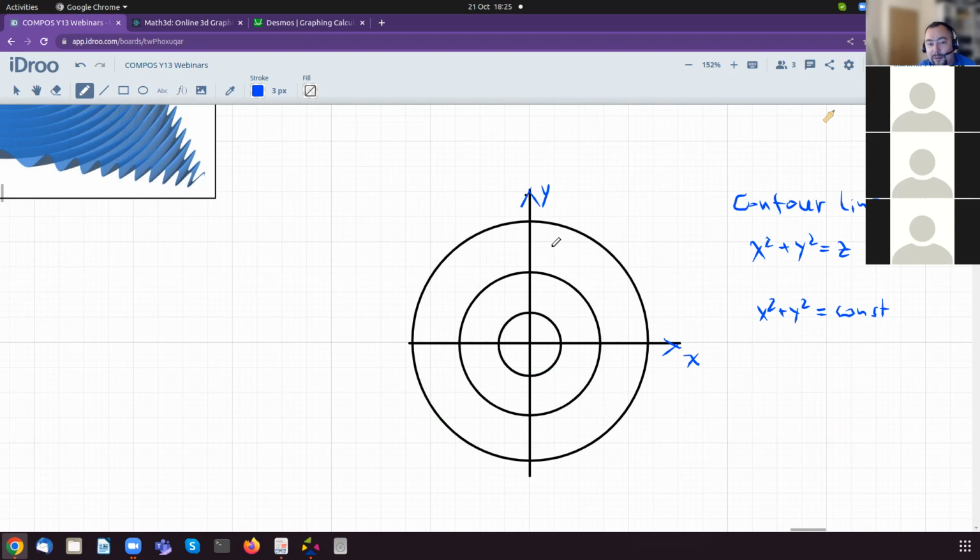Sometimes we call them equipotential lines. So this is Z equals, I don't know, 7, Z equals 3, Z equals 1. It's a view from the top, and these lines are at the same height.